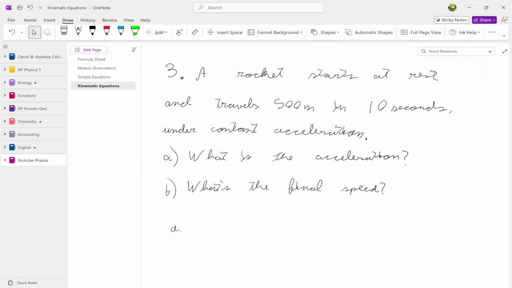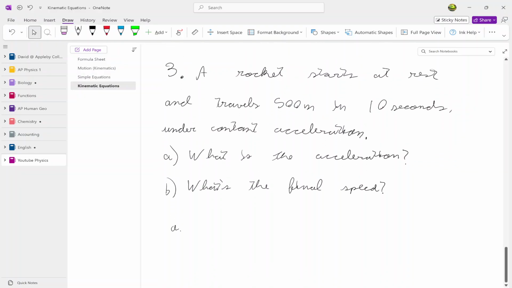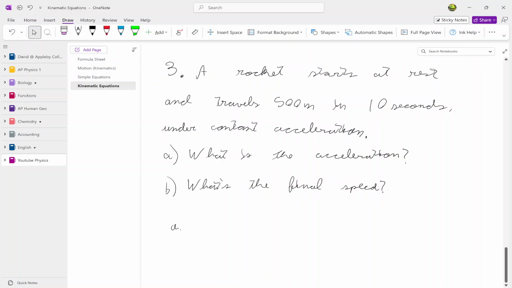Alright, there we go. So rocket starts at rest and travels 500 meters in 10 seconds under constant acceleration.